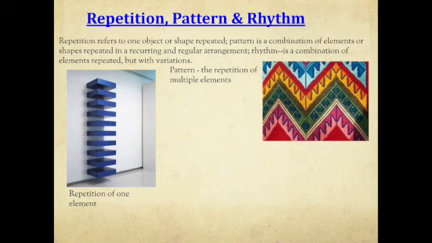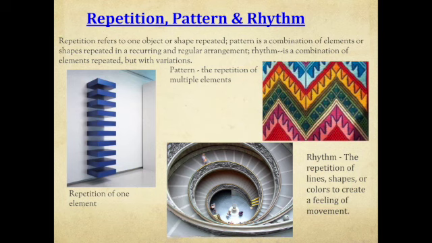But then there's a thing called rhythm, and this one's a little trickier, but I like to think of it as a pattern that has a little bit of movement to it. So it's a combination of elements that are repeated, but it has some variations. So if you're looking at this image, now this would not be in real life.